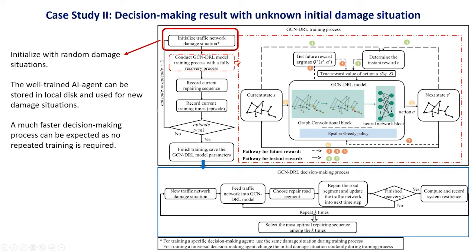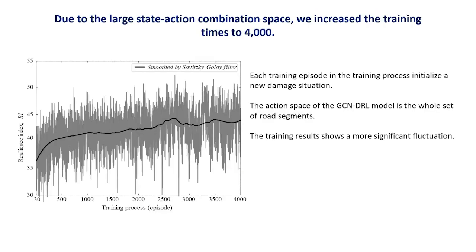If we keep continually changing this damage situation, the AI agent model can be trained and stored in our local disk. Then with this trained model, we are going to make decisions for the new damage scenario.